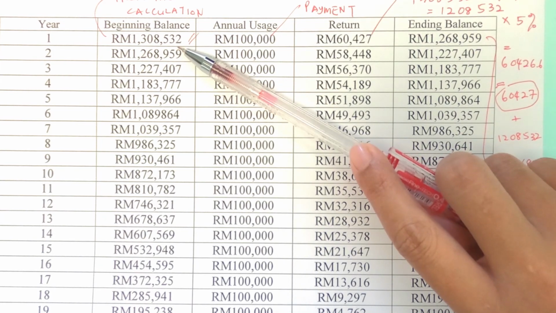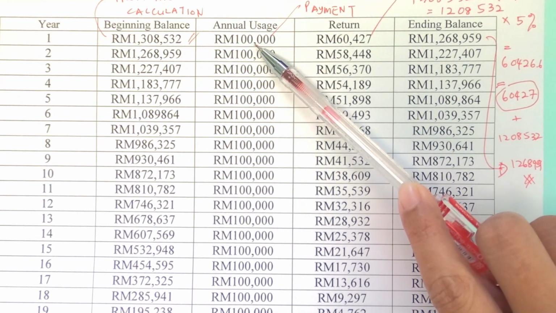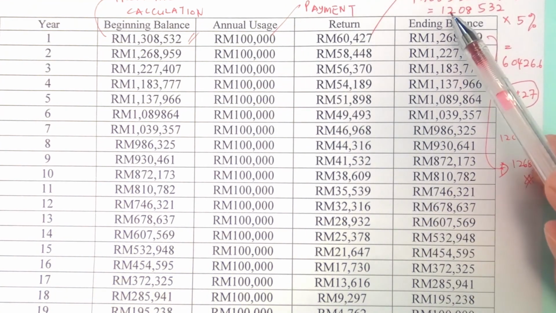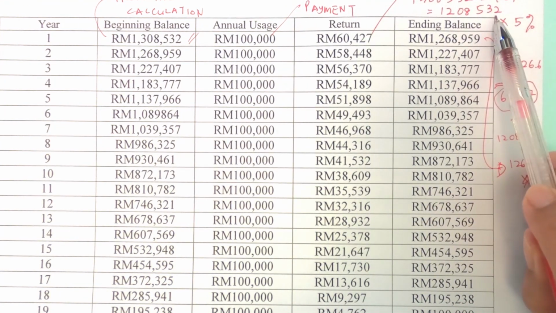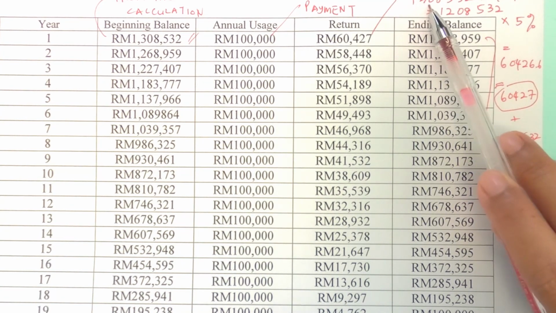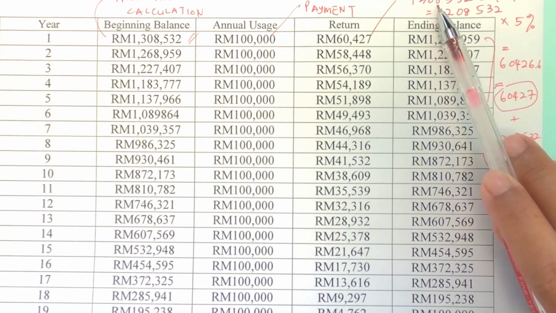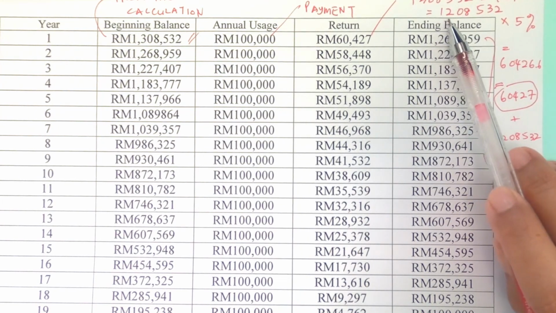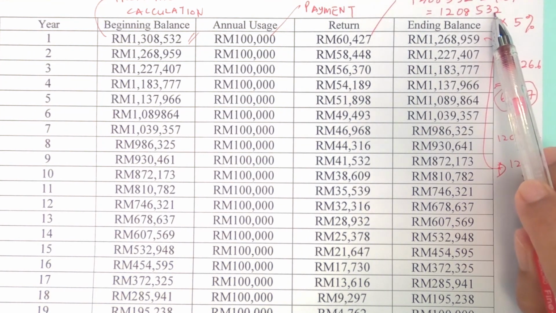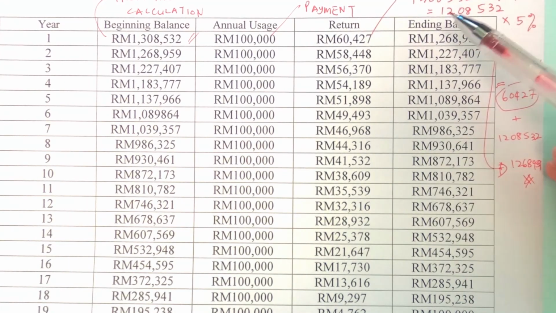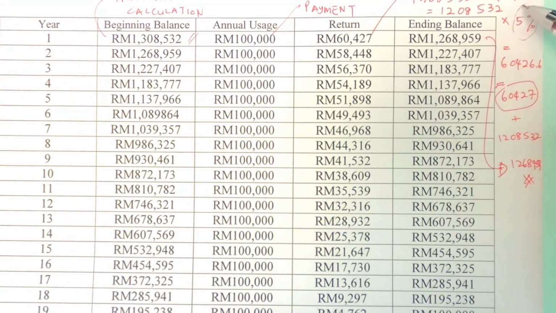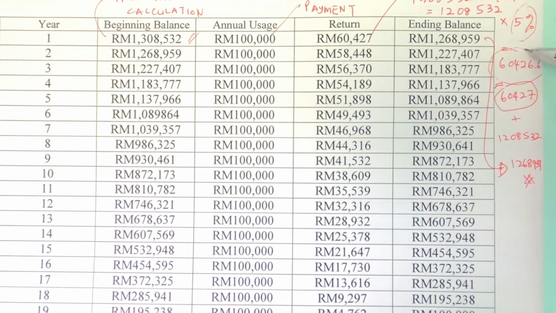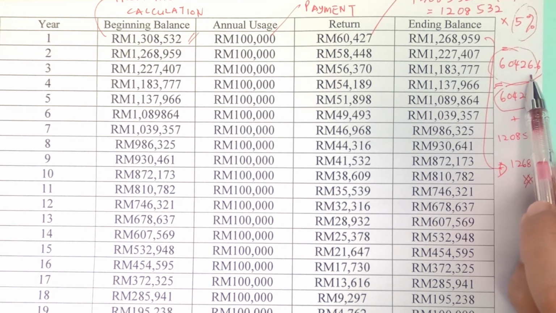So the beginning balance minus 100,000 gives us 1208532. In order for us to calculate the return, we have to take 5% of this 1208532. Then we get 60426.6.